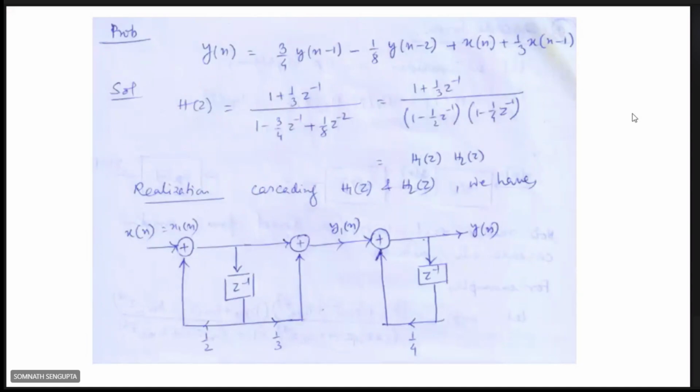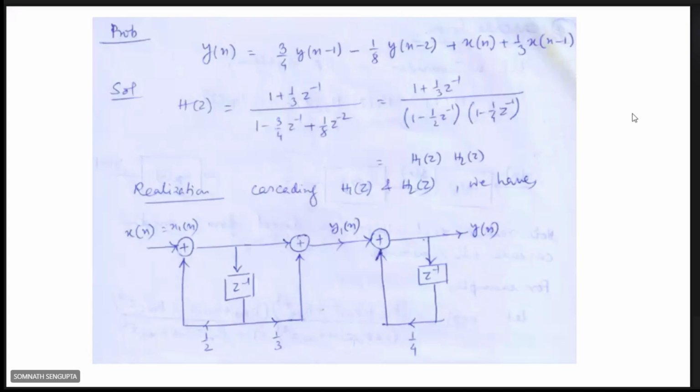Simply, you could have said that if you take the Z transform of the whole equation, it will come in terms of Yz and Xz multiplied with z inverse or z to the power minus 2 terms. So you take Yz common on one side and Xz on the other side, then you calculate Yz by Xz.